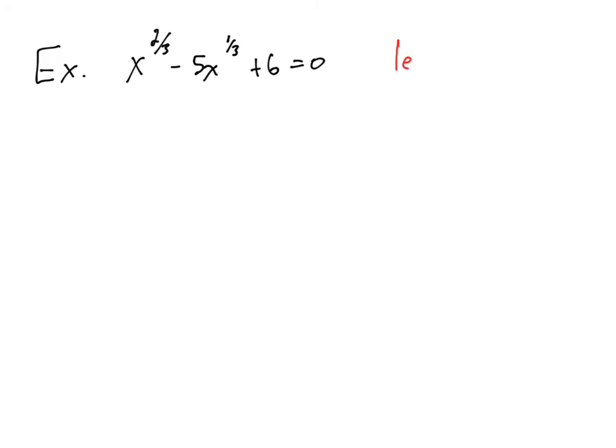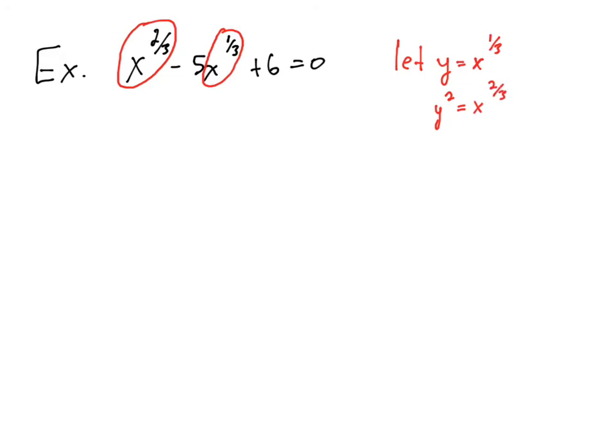So we're going to say let y equal x to the 1/3. So that means we can substitute this as y. And then we need to notice that x to the 2/3 is just x to the 1/3 squared. So y squared is equal to x to the 2/3 like this.